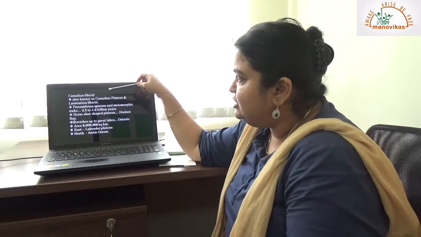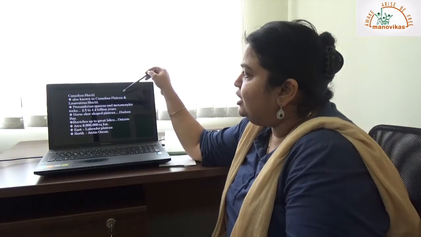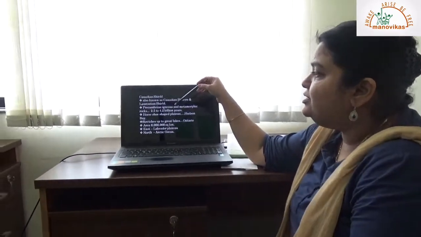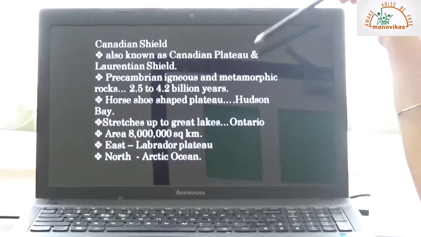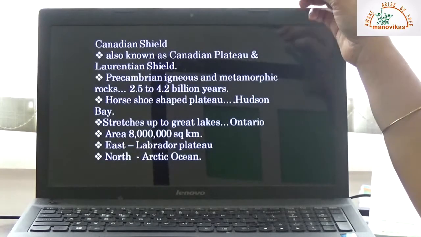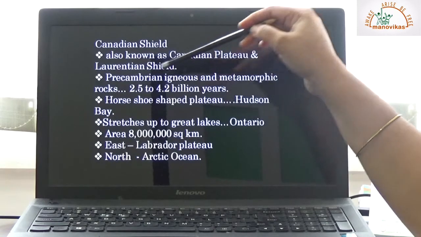So one of the shield areas is this Canadian Shield. This whole region, together known as Canadian Plateau and Laurentian Shield, is called the Canadian Shield. As far as age is concerned, it is 2.5 to 4.2 billion years old. It is made up of igneous and metamorphic rocks, and it belongs to the Precambrian geological period.